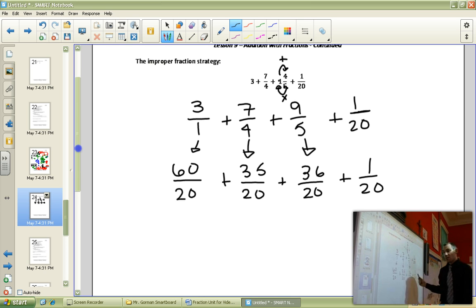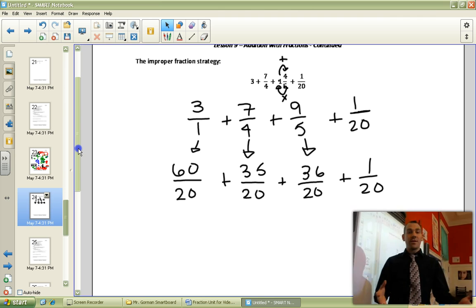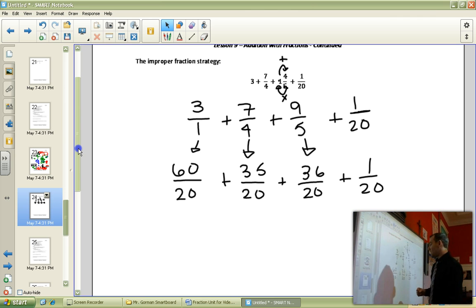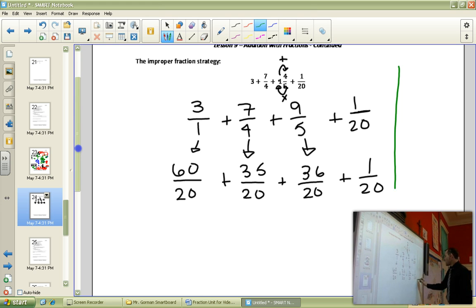Good. You've done very well. Remember, when we are adding all of our fractions up, we only add the numerators, because the denominators are just telling us how many parts are needed for one whole. The only thing we actually have to add is the numerators. So I'm going to line it up right along here on the side.